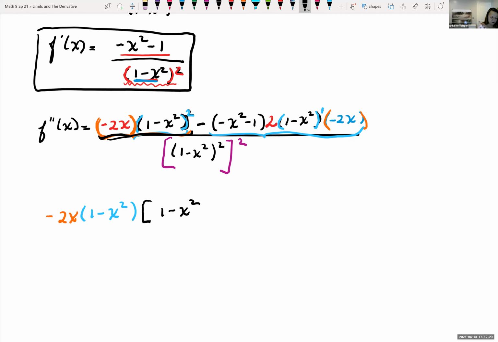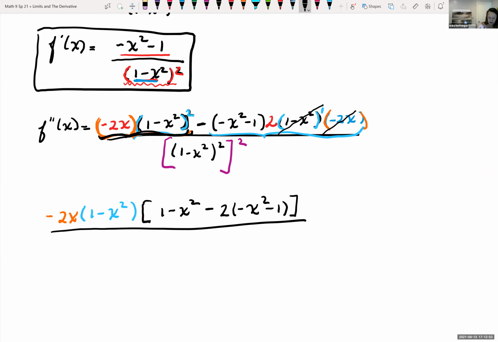So that was for the first grouping. For the second grouping, we have this minus sign. Well, we pulled out one of these and one of these, so we have to look at what's left. We're left with that 2, and then a parentheses, I'm going to write the parentheses, negative x squared minus 1.